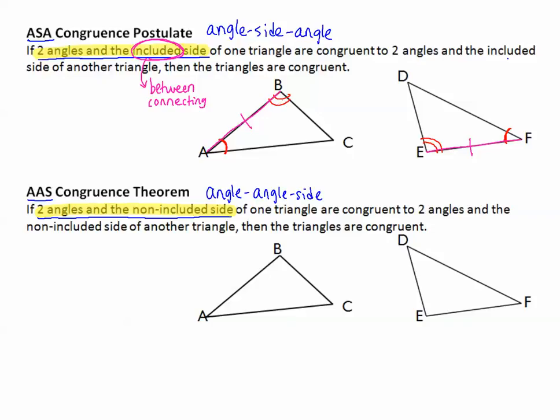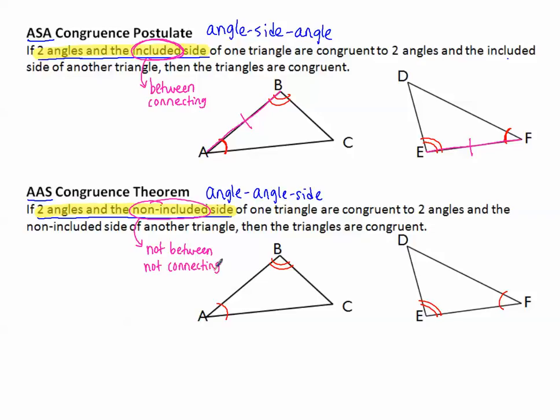Now I'm going to mark for angle angle side the same angle A congruent to angle F and angle B congruent to angle E. Now, the included side is the side between or connecting. The non-included side is the side that's not between or not connecting.